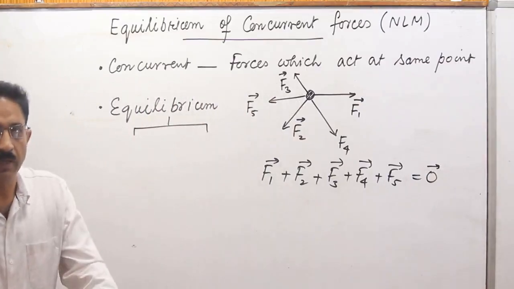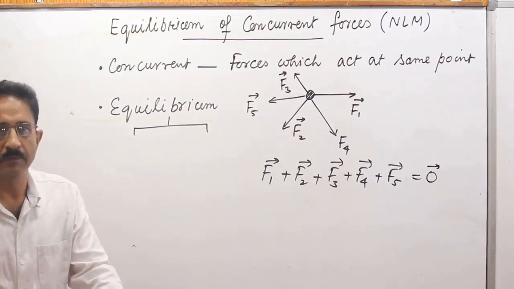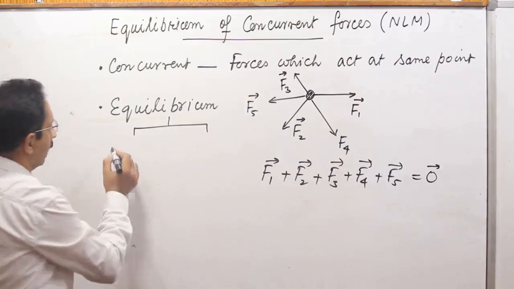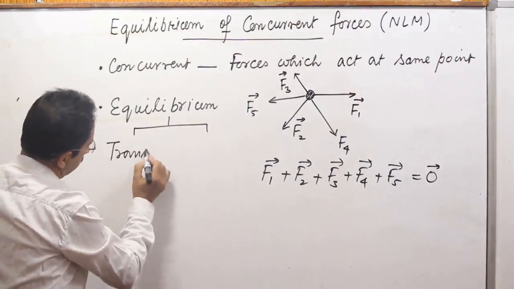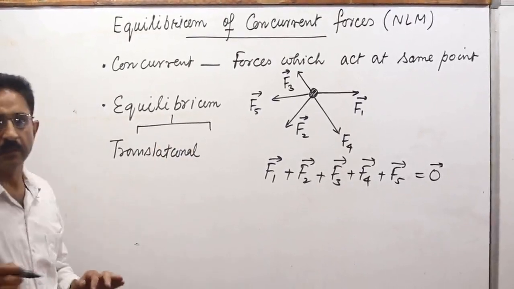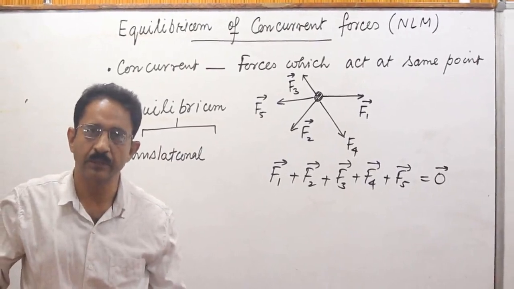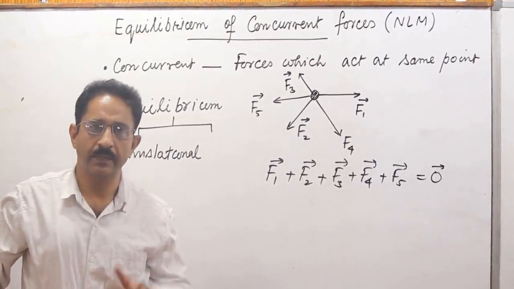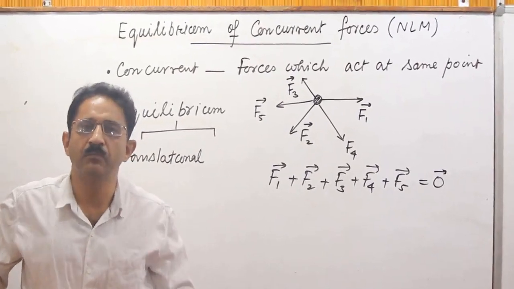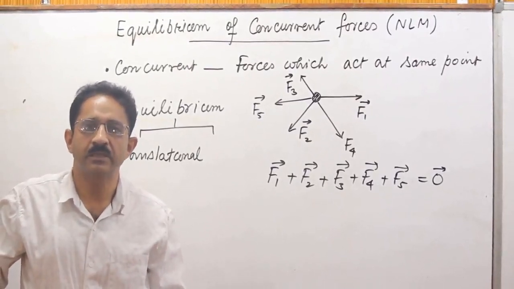अब इस केस को आगे बढ़ाने से पहले we think of two types of equilibrium in physics. One is called as translational equilibrium. Translational equilibrium arises in the motion along a straight line, जिसको हम translational motion कहते हैं, or it could be a curved line. So whenever we have a body moving along a line, that way it is a translational motion.